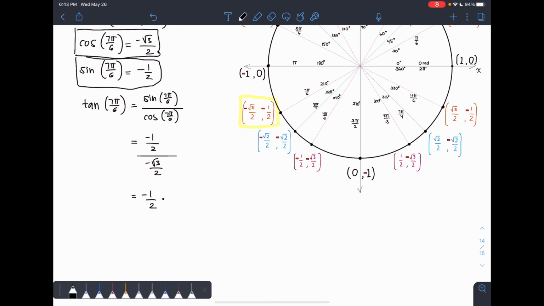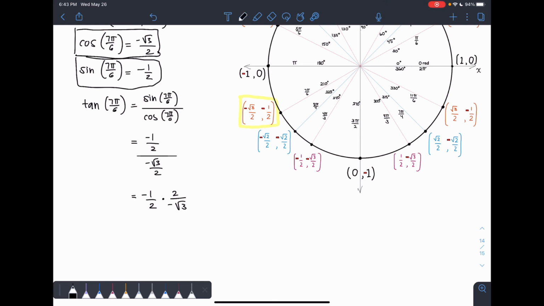So we're going to multiply it by 2 over negative root 3. Just as a side note, it doesn't really matter where your negative symbol is placed, whether it's in the numerator, denominator, or right in the middle. As long as there's just one, then you know it's going to be a negative number.